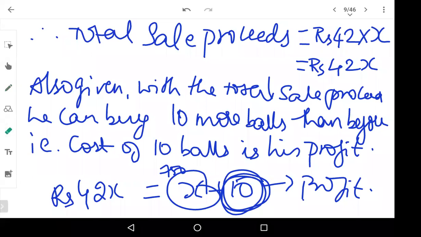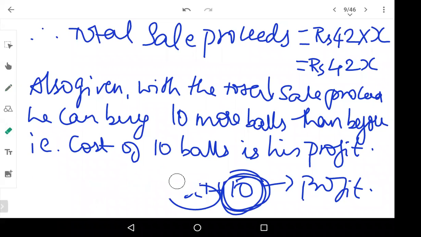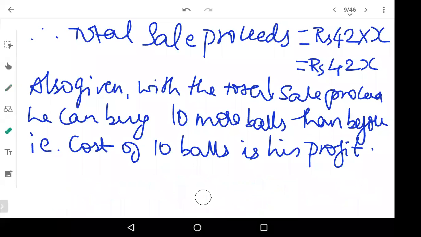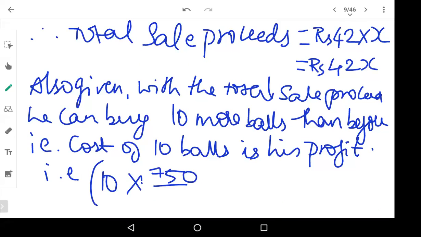So that will be the profit. So let us define that profit element. That is 10 cricket balls into what is the cost of each ball? 750 divided by x is the cost of each ball. Okay, so that will be the profit.